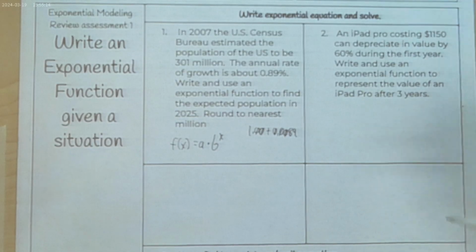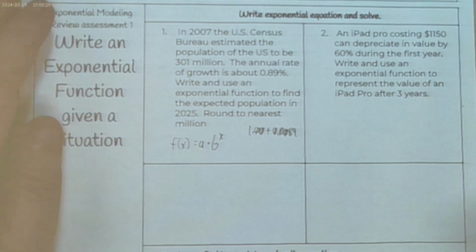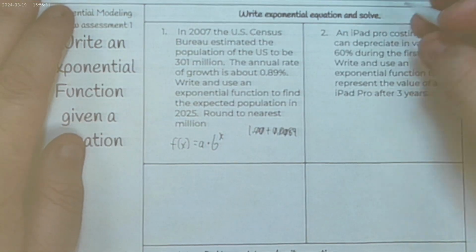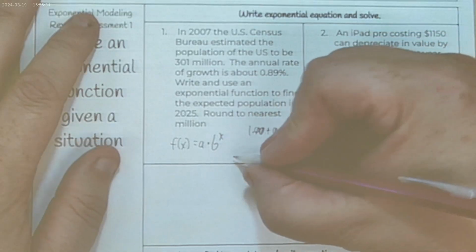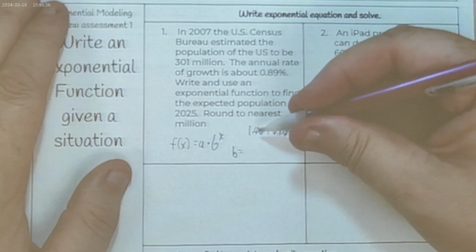The parentheses tell us how much we have gained as a result of the growth, whereas decay tells us how much we have left after we have lost our rate of growth. So with this one, our annual rate of growth, our b is going to equal whatever this is.